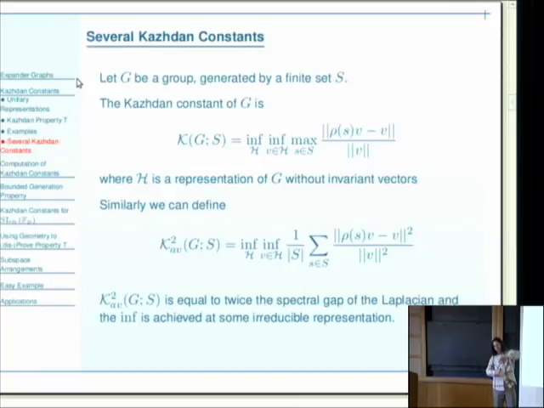In that space, you look at the eigenvector for the second largest eigenvalue, which is going to be almost invariant in the sense of the sum. So essentially, that's correct. The infimum here is achieved when you take the eigenvector for the second largest eigenvalue.